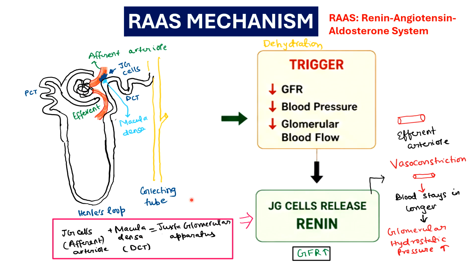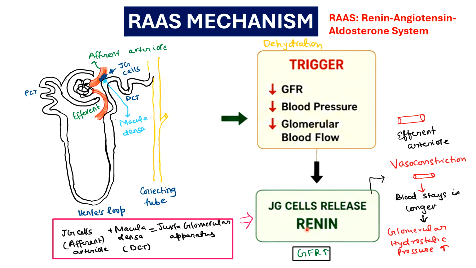The main function of the JGA is the release of renin. Now you understood what cells are responsible for releasing the renin. Now let's look at what this renin does.